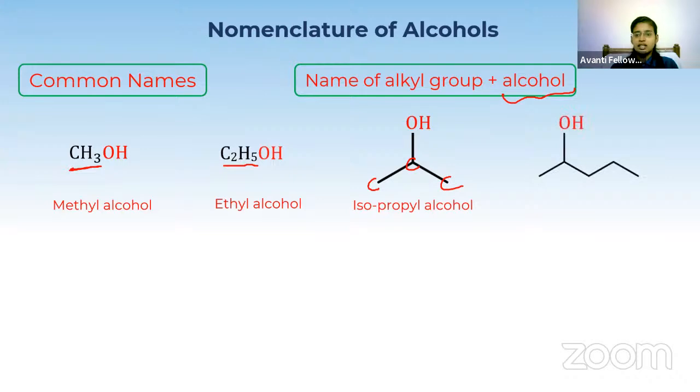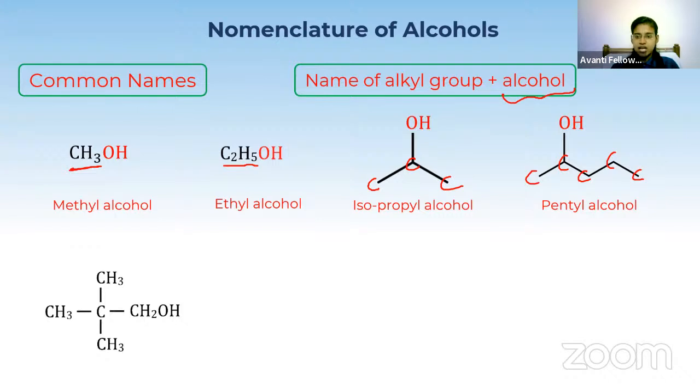Here, 1, 2, 3, 4, 5 with no branch, so it is pentyl alcohol. 5 means pent, right? So it is pentyl alcohol. This compound also has 5 carbons, but the arrangement is different. A single carbon is attached to 4 other carbons.